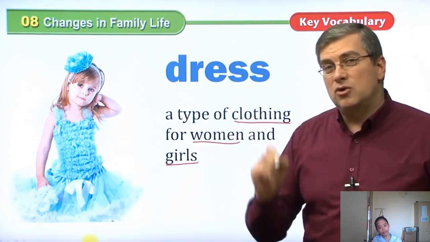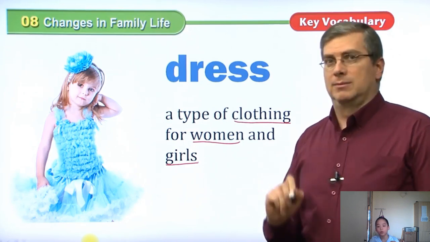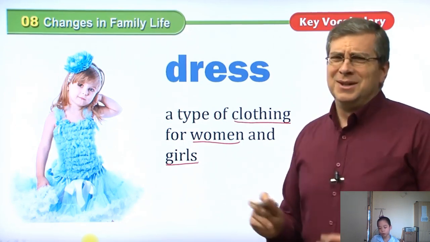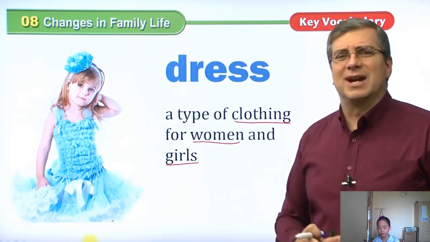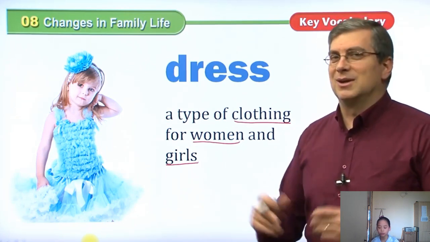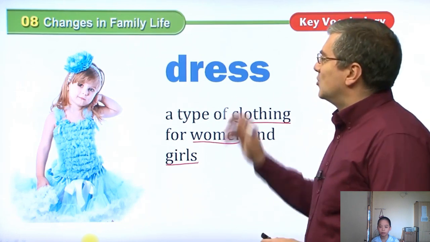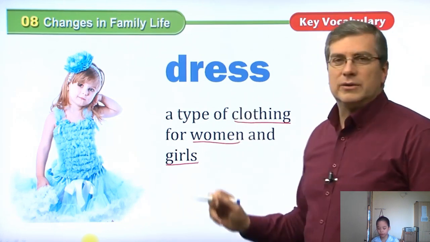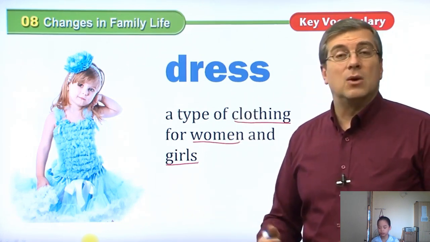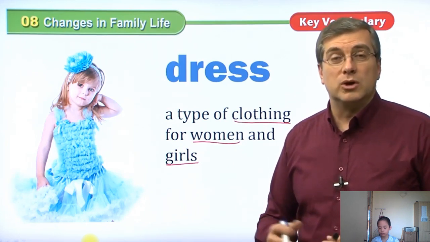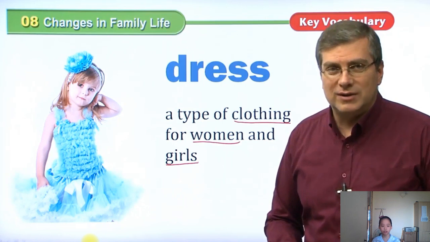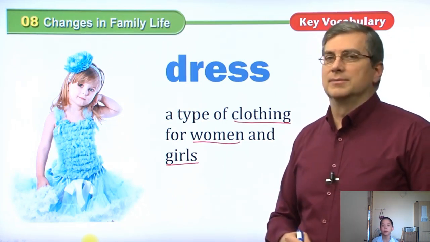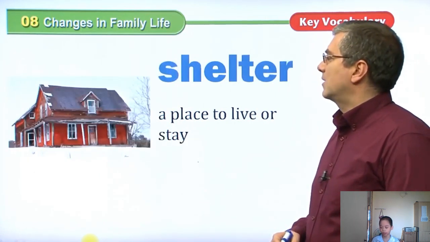If you saw a boy or a man wearing a dress, that would be very strange. Maybe that is a costume, or a very long t-shirt, right? So it's not a dress. Dress is just for women and girls.